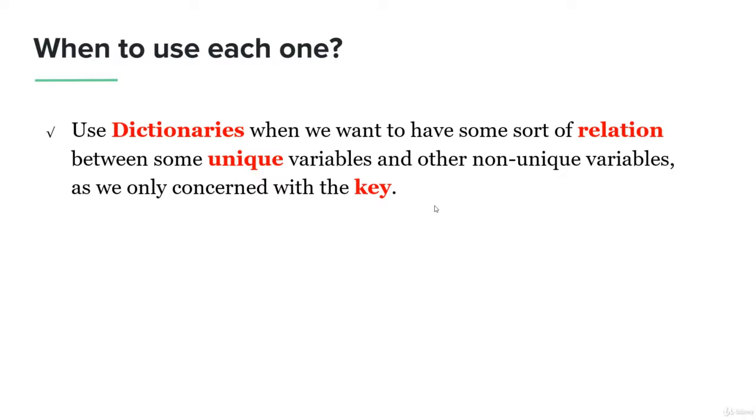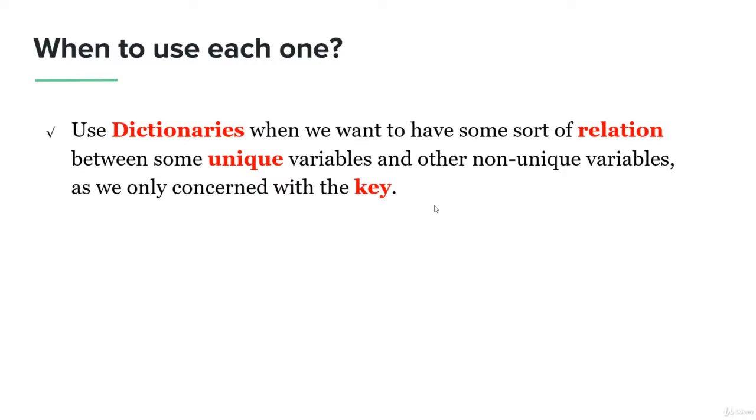The name of the dictionary comes from the dictionary that we use, the English dictionary or the French dictionary or whatever. For example, in the English dictionary, we can have the keys as the English letters, right? And for each letter, we have some specific number of pages, right? These keys or these letters cannot be repeated. They need to be unique.